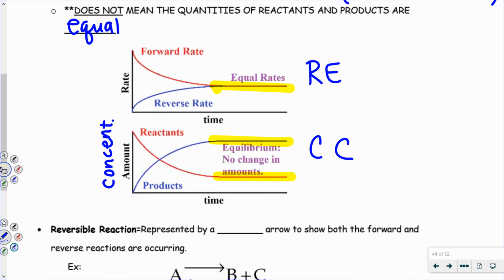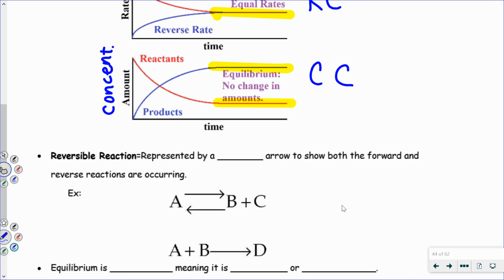Okay, when we're dealing with equilibrium, we're going to be talking about a reversible reaction. Now, a reversible reaction, or an equilibrium, is represented by a double arrow to show both the forward reaction and the reverse reaction are occurring.